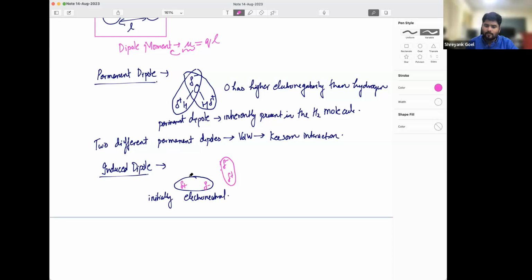So this is the example of an induced dipole.